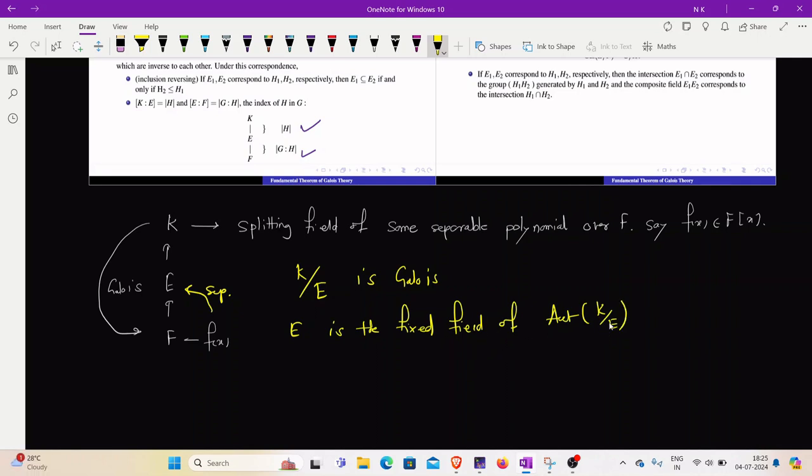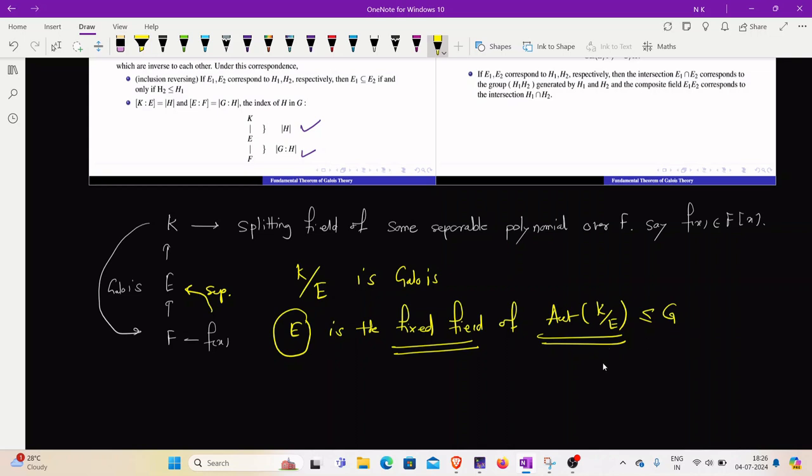But the automorphisms of K over E, that means automorphisms of K which fix E, form a subgroup of G, the automorphisms of K which fix F, right? So it clearly indicates that E is the fixed field of some subgroup of G.